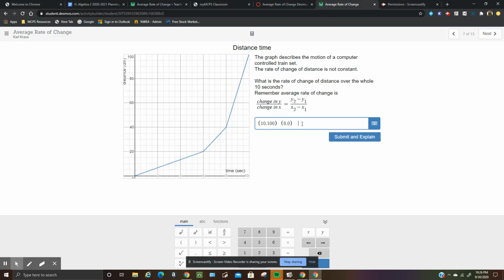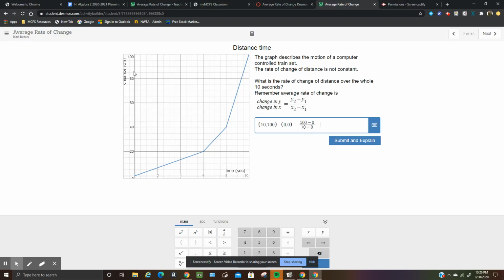So then you have 100 minus 0 over 10 minus 0. I don't know what this says, distance in centimeters, I think it says.